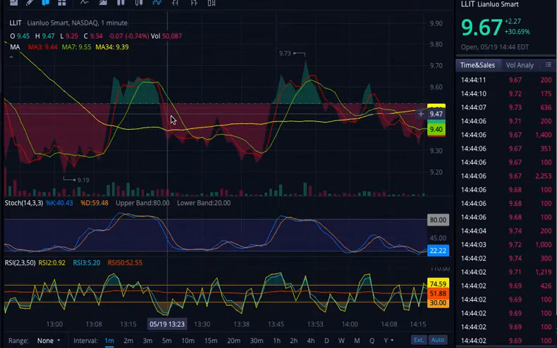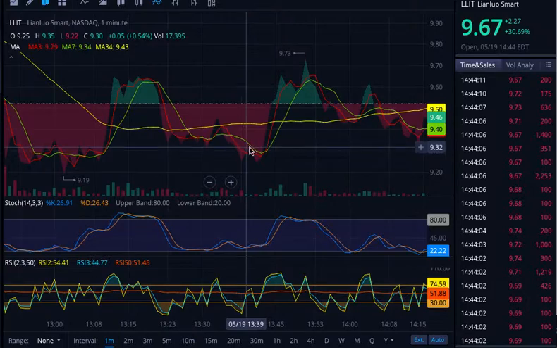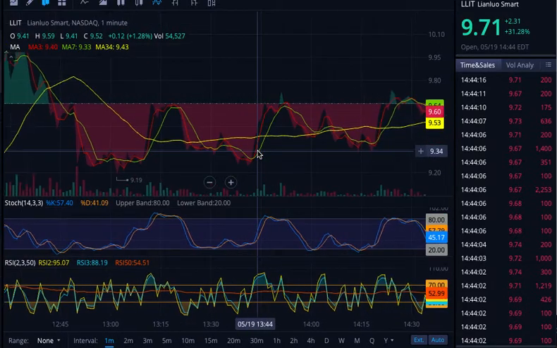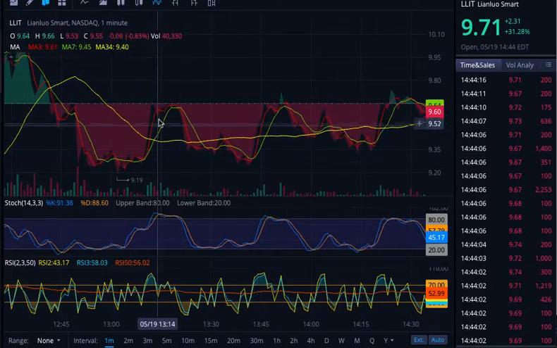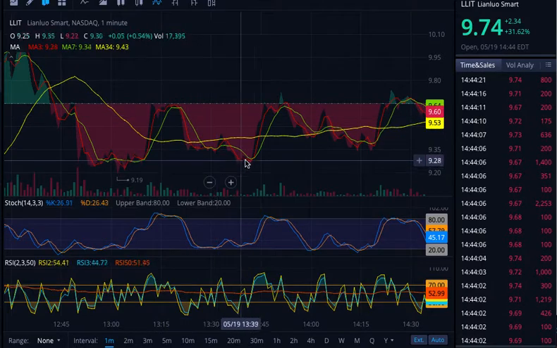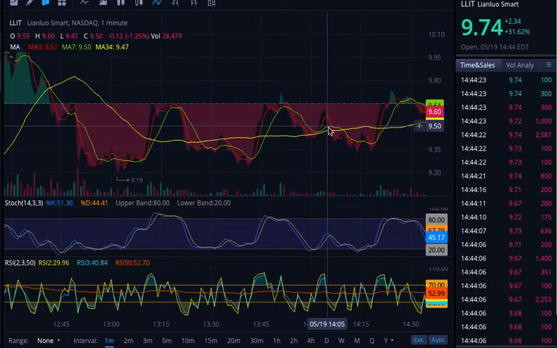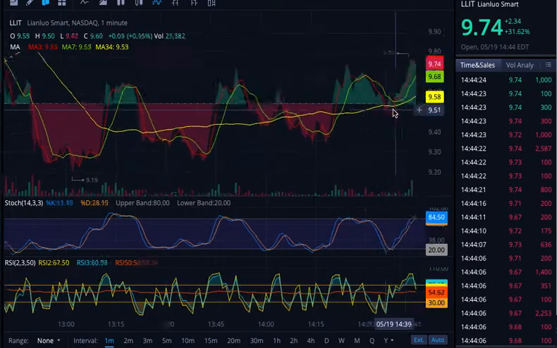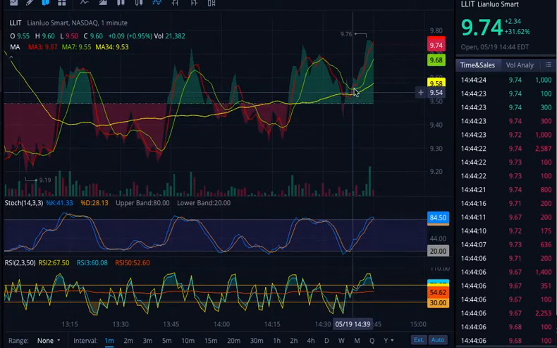It fell off again and came back under. So you see a habit here. They go up above it, down below it, up above it, trickle, trickle down below it, up above it, down below it. So what do you think is going to happen now?